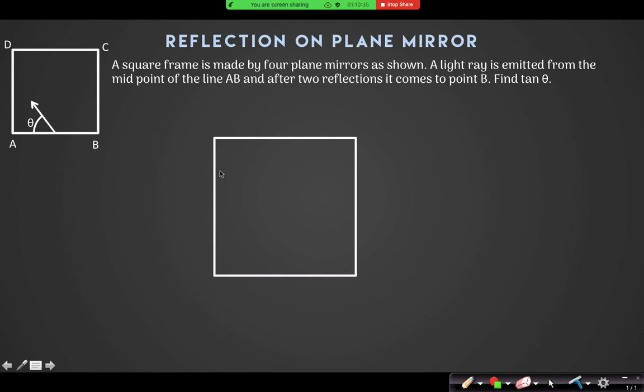So I have a light ray that first hits this wall. After two reflections, it hits this wall, and after one more reflection it comes back here. Yes. Sir, cot inverse 3/4.